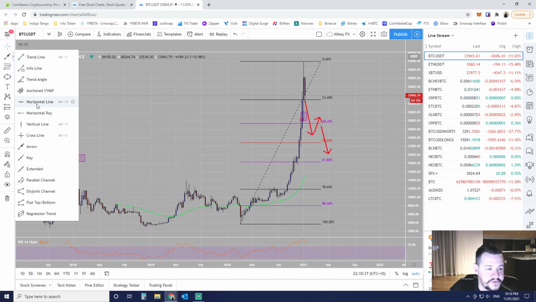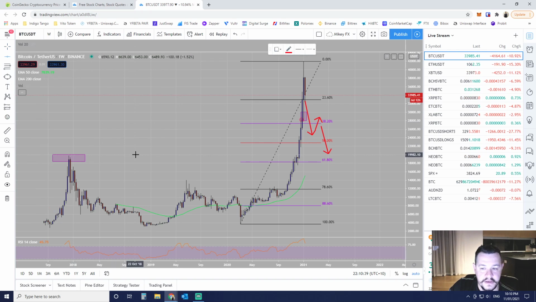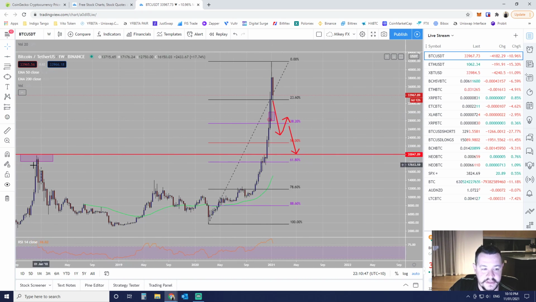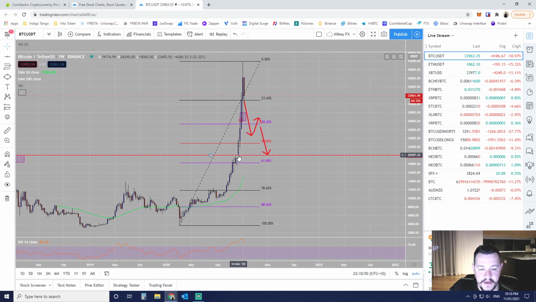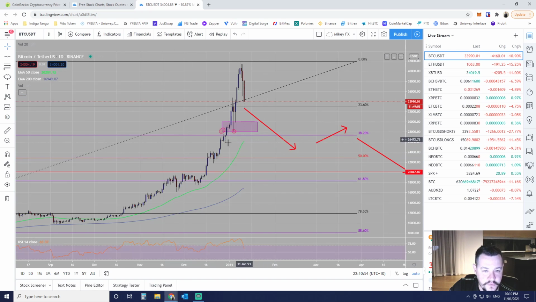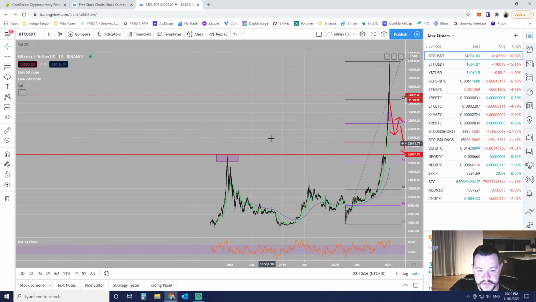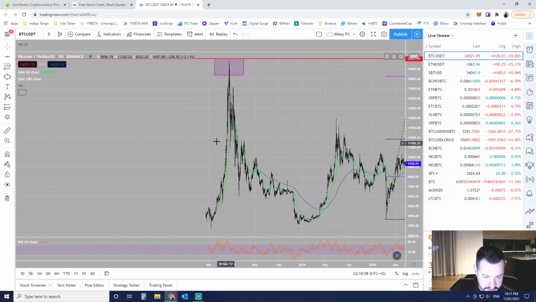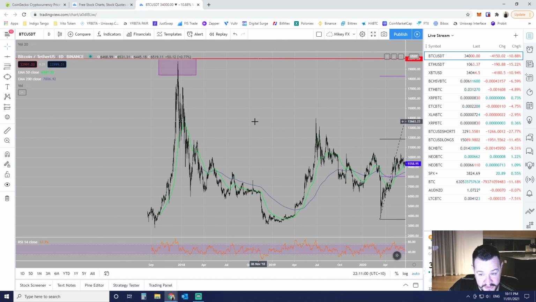If I draw a horizontal line there, bang on 20, round psychological number, get as close as I can, bang. So you'll see that we've touched there. That's our previous high. Come down, smash through it. We did get a small amount of pullback and resistance at that level, as you can see, which was definitely to be expected.